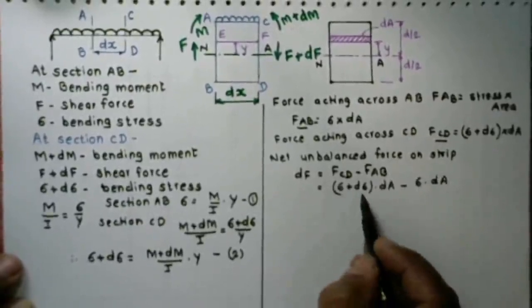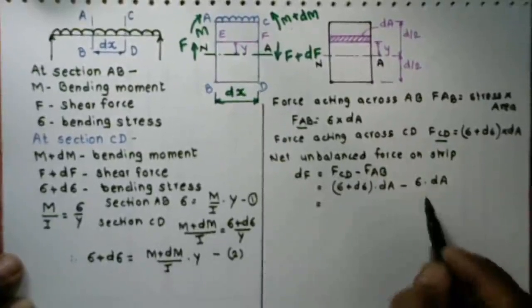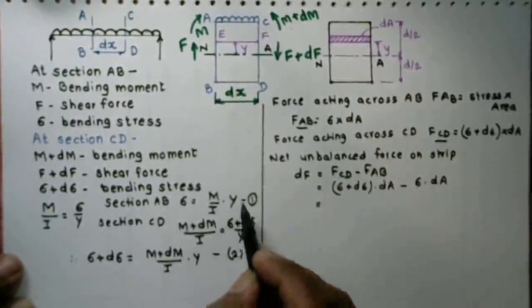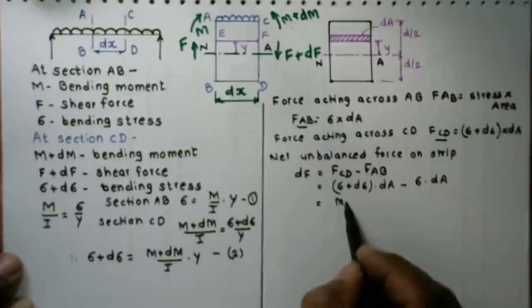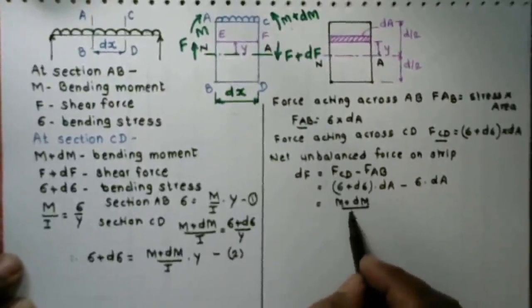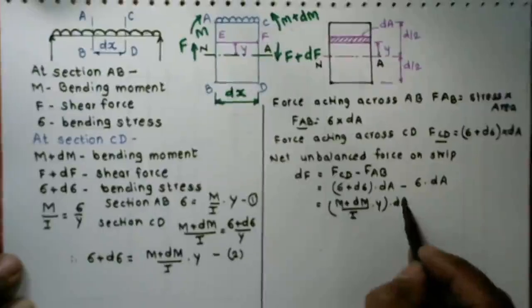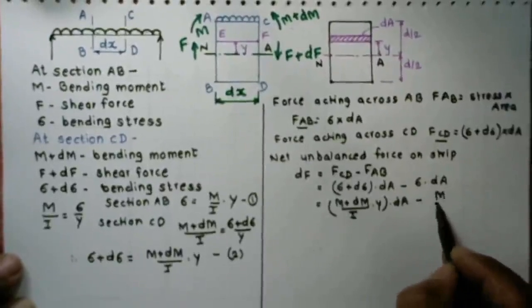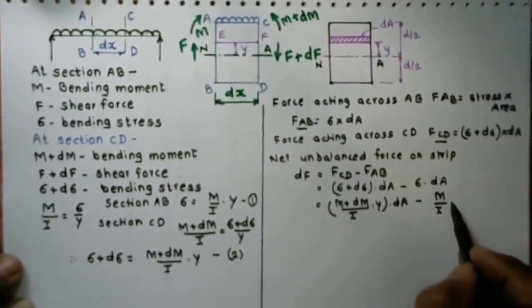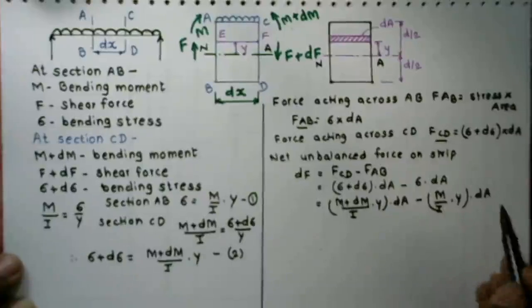Putting sigma plus d sigma as (M plus dM) upon I into y, and sigma as M upon I into y, we get (M plus dM) upon I into y into dA minus M upon I into y into dA.